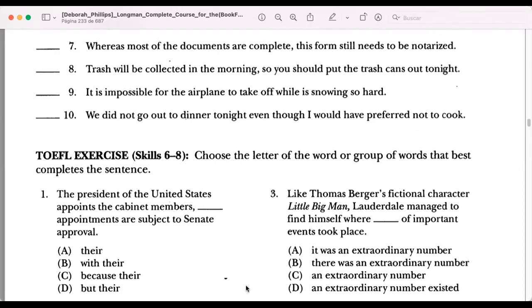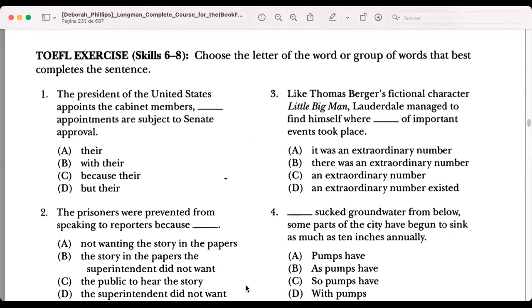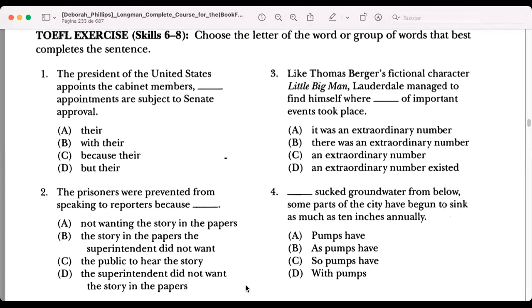Now more exercises, and maybe I can help you with number 1 and 2 if you want. It's about choosing the best option. The president of the United States appoints the cabinet members. Blank appointments are subject to Senate approval. What will be the word that fits in this blank?